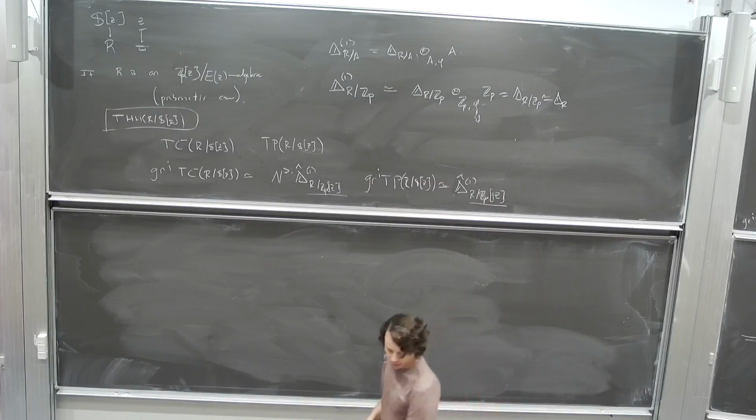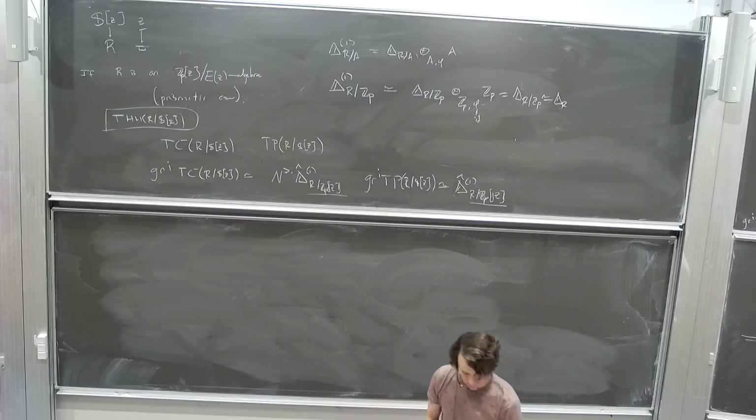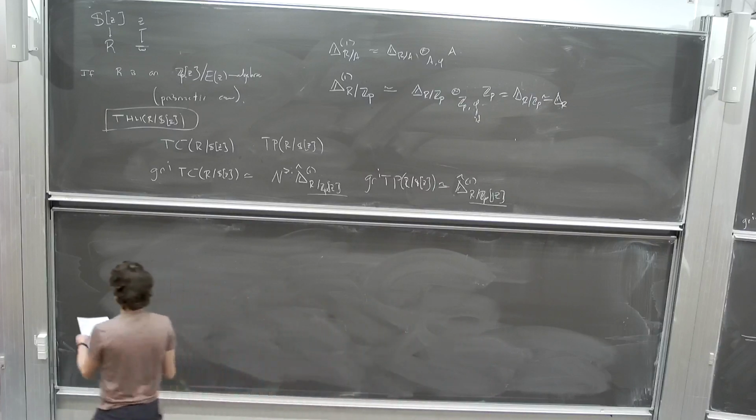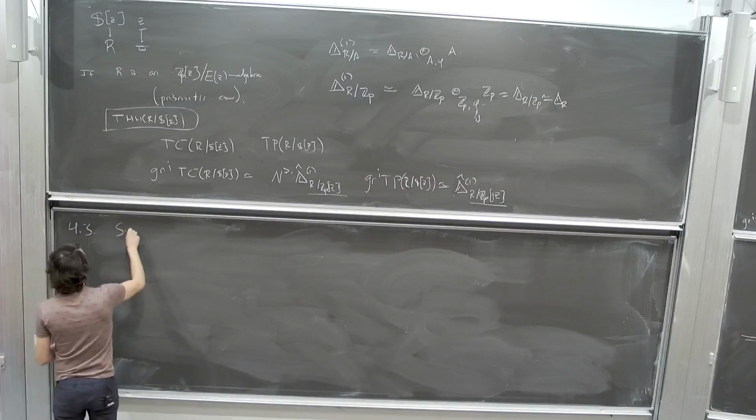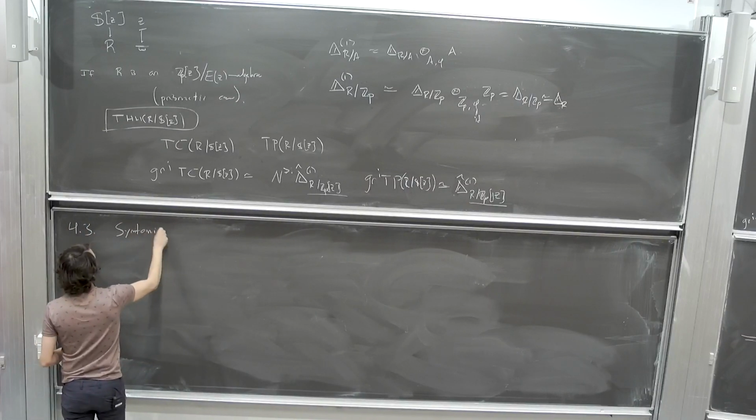So now let me just draw a picture of what's going to happen. Symptomic cohomology, motivic spectral sequence.